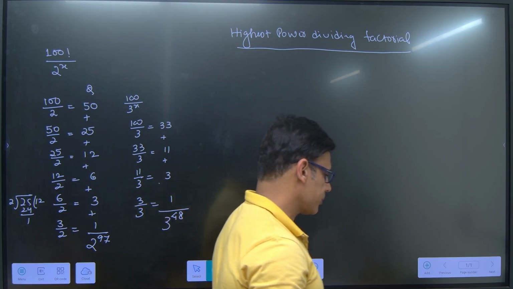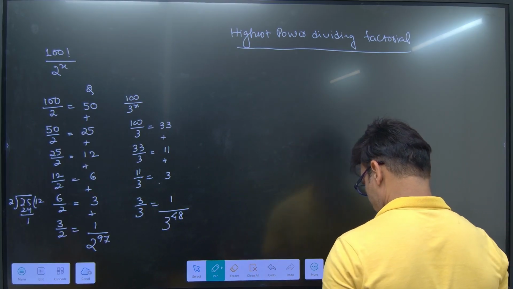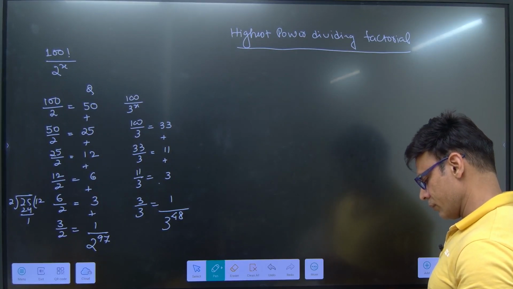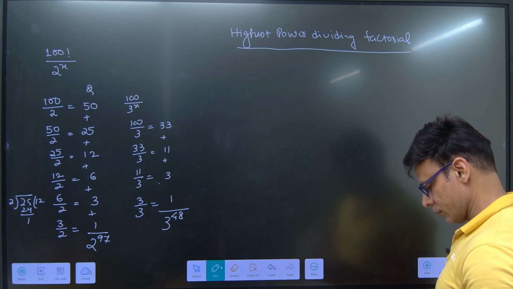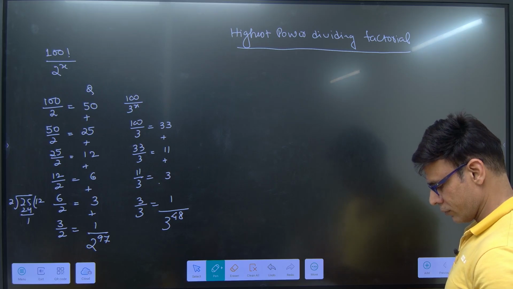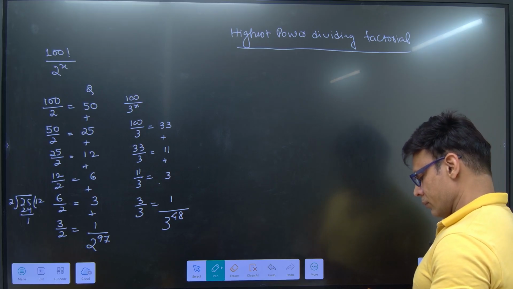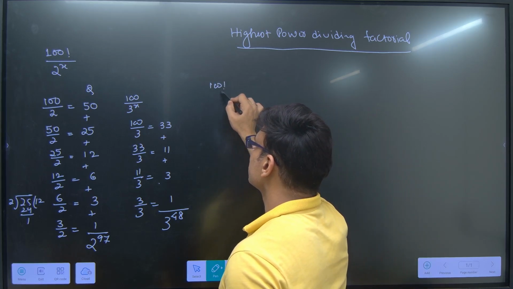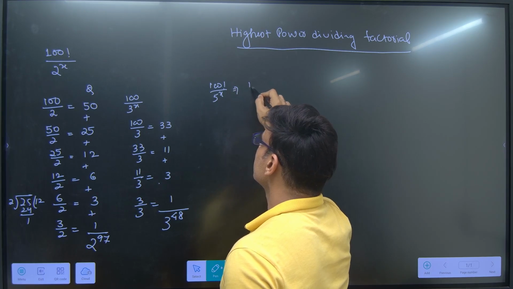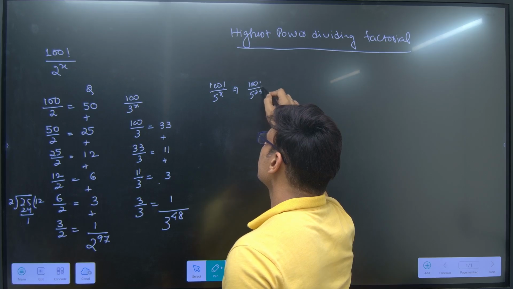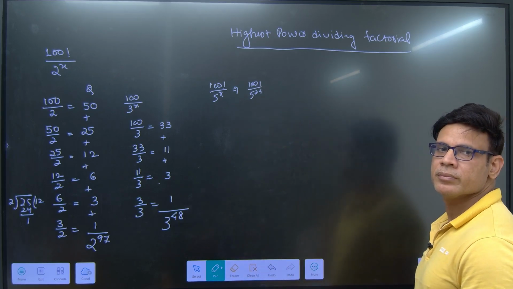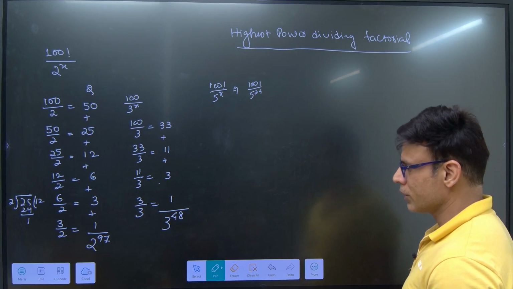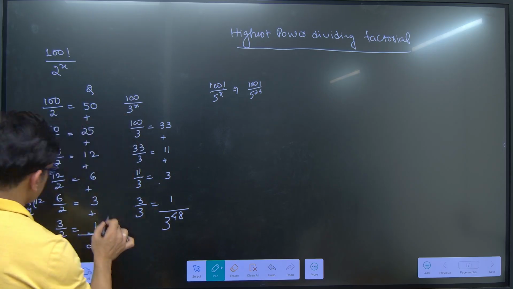What is the highest power of 5? 24. Okay. Not just 1, it is the sum of all of them.